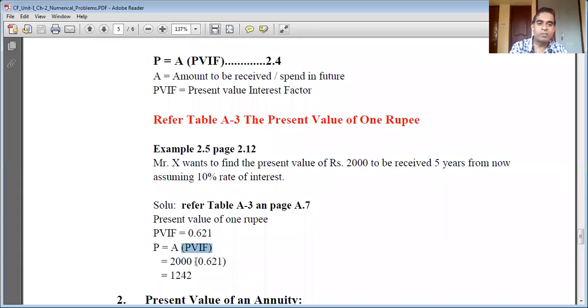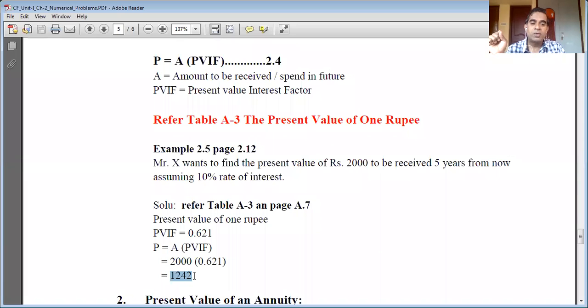So we write PVIF as 0.621. Simply by multiplying 2000 into 0.621, we get an amount of 1242 rupees.